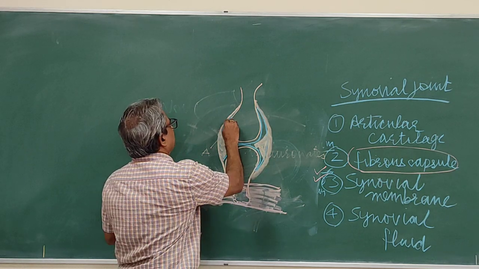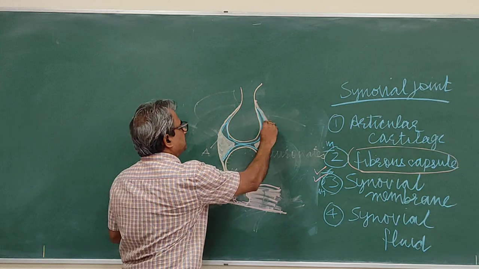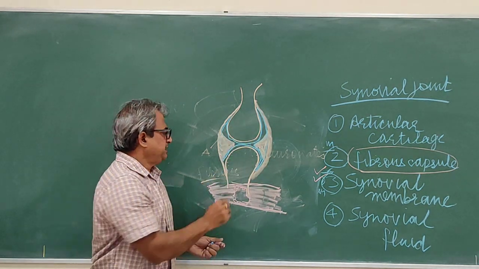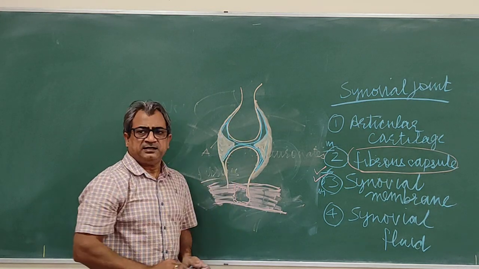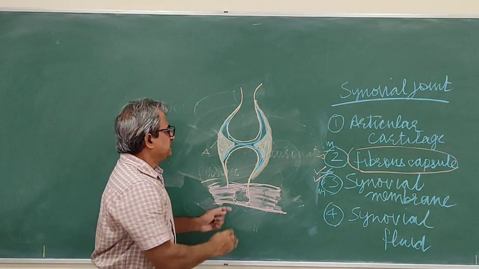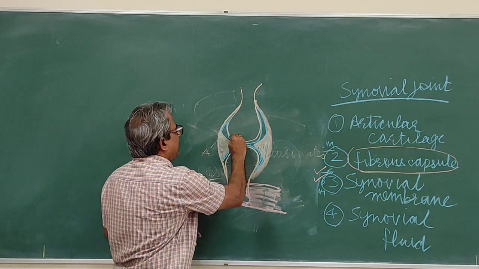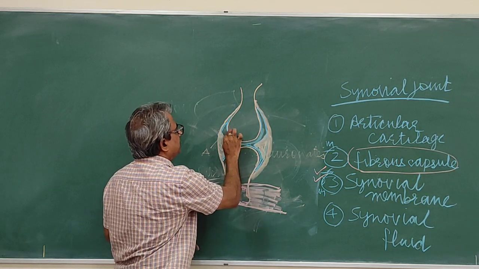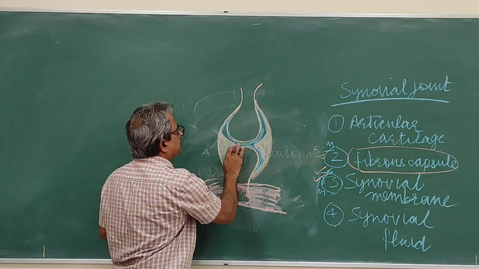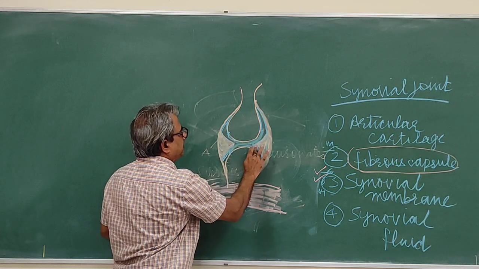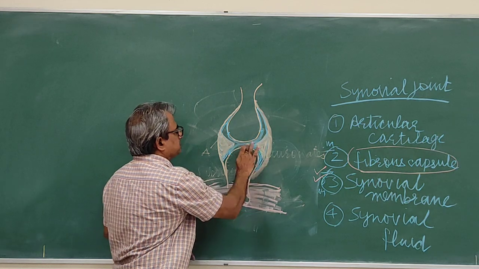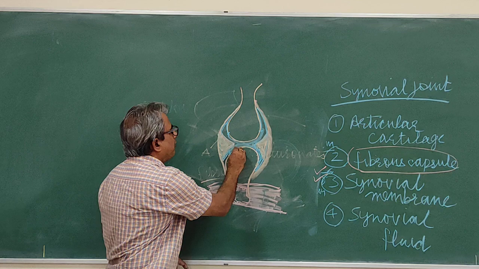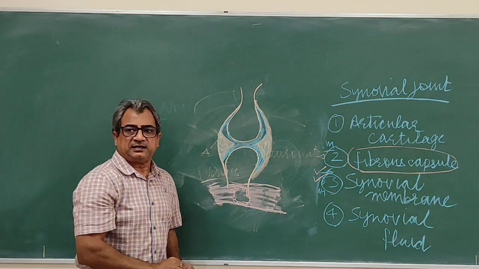So the synovial membrane will be like this over there, right? So this is all a potential kind of space. It's a very thin space inside the synovial membrane. But actually I should not draw it here, because the articular cartilage is in this small area, and most of the movement is here where the articular cartilage is present.